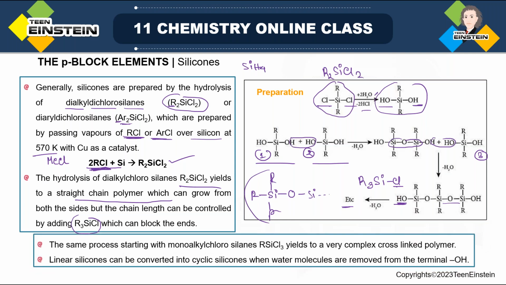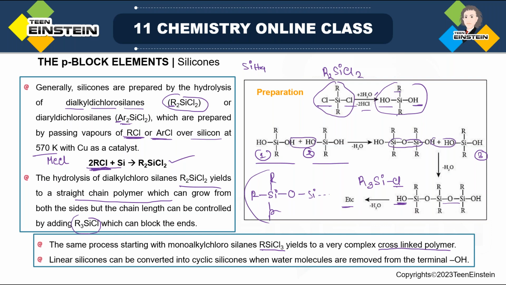Now, if we do the same process, suppose instead of taking R2SiCl2, you start with this molecule, RSiCl3, then there is a chance of formation of a complex cross-linked polymer. Why?